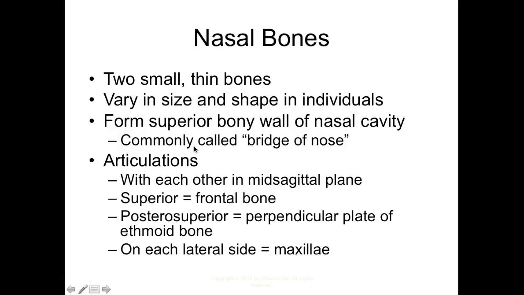So your nasal bones, they're two small thin bones. They vary in size and shape on everyone. They form the superior bony wall of the nasal cavity, commonly called the bridge of the nose. They articulate with the mid-sagittal plane, so superiorly with the frontal bone, posterior superior with the perpendicular plate of the ethmoid bone, and on each lateral side with the maxilla.